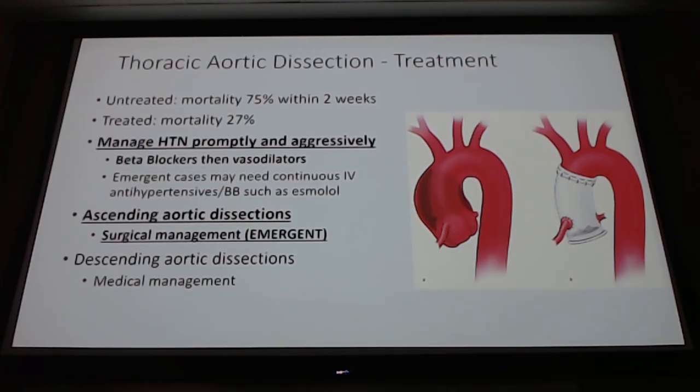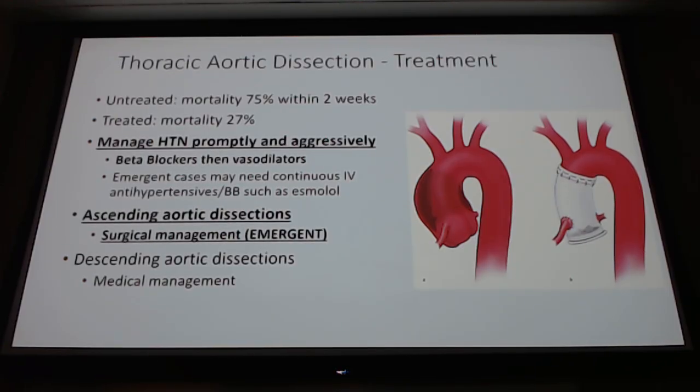Our bodies just cannot handle it. If we treat it, we drop that mortality rate down to 27%. If they are in a hypertensive emergency or hypertensive crisis, or even if their blood pressure is even slightly elevated, we will put them on a beta blocker, most likely IV esmolol, and then a vasodilator to try to bring down the pressure that's in the aorta, hopefully mitigating that risk of rupture.